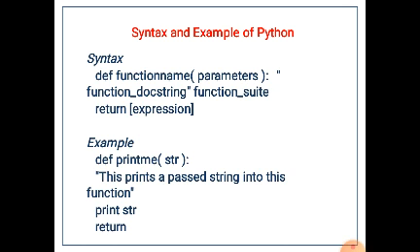This prints a passed string into the function. So whenever we want to write this 8-word sentence, we just have to call print me, that is print str. So str by default contains all these 8-word sentence inside it.